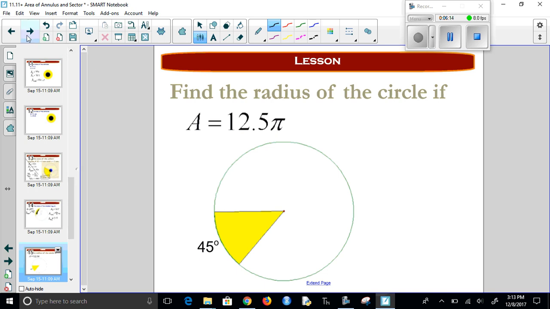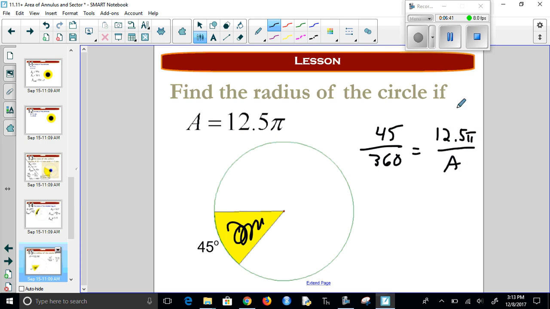I will do one of these. This is just going in the opposite direction where we're trying to find a value. So we want to find a radius. If that area is 12.5 pi, we know that 45 out of 360 is going to equal 12.5 pi over the area of the entire circle.